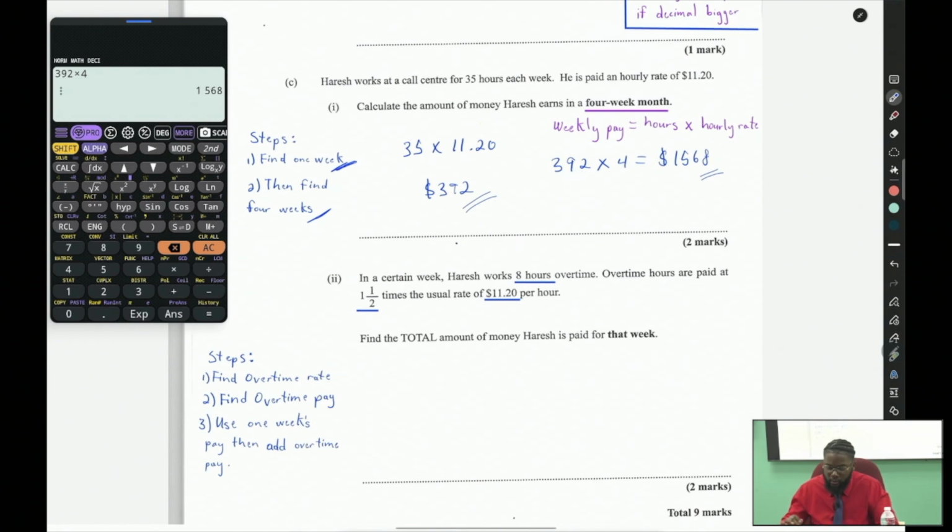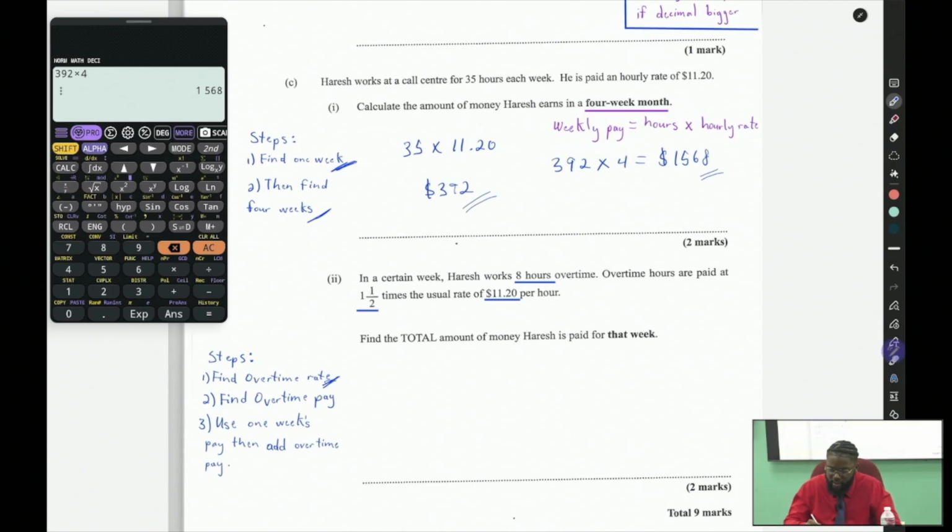So in part 2, it says in a certain week, Haresh works 8 hours overtime. Overtime hours are paid at 1.5 times usual rates of $11.20 per hour. Find the total amount of money Haresh is paid for that week. So first things first, we need to figure out the overtime rate.